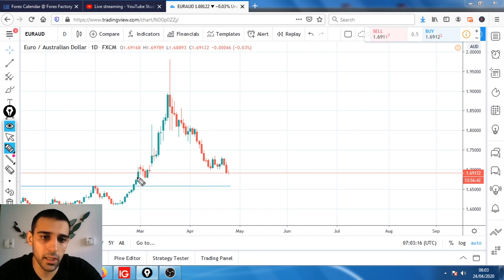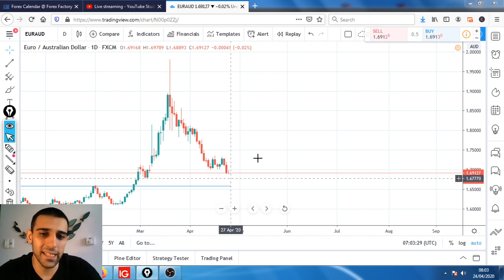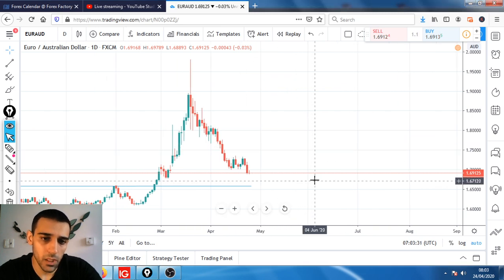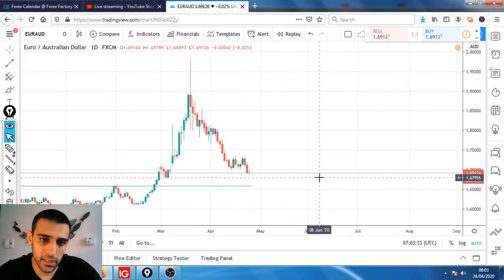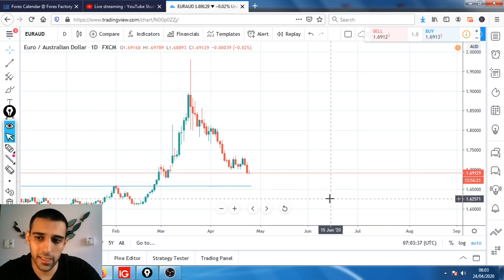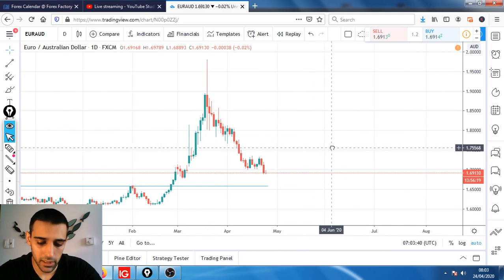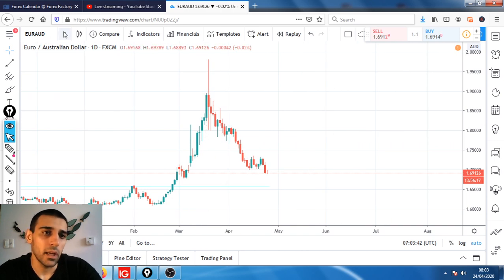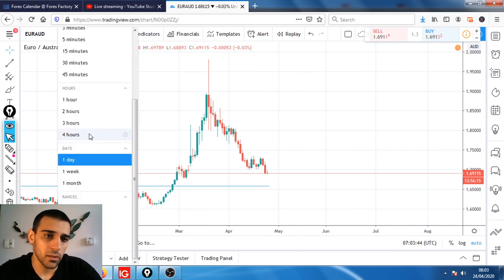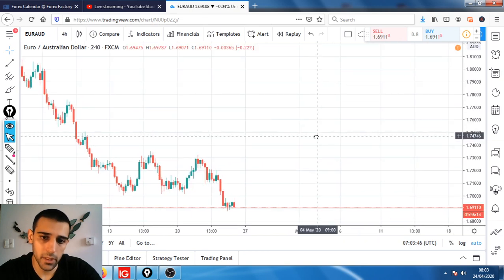I do think I mentioned yesterday or the day before, I can't remember exactly, that the price might want to come down to these lows down here, and we can see that it's pretty much where it's heading at the moment. So the level is down to this area, which is about 16800.